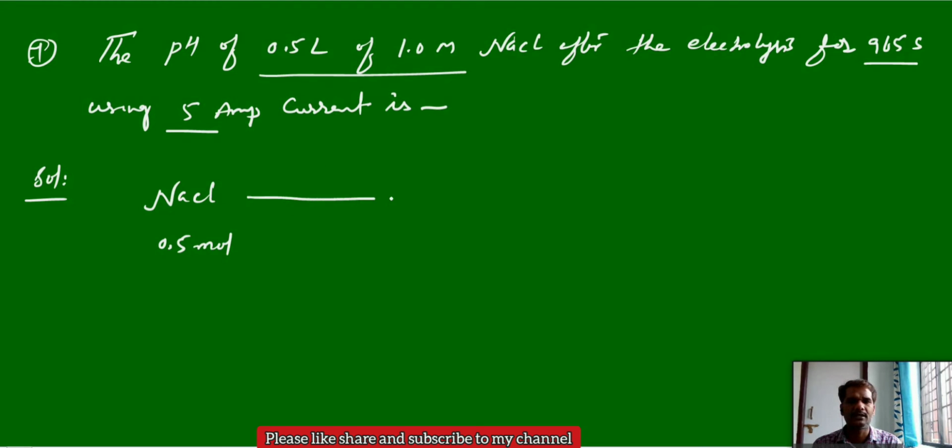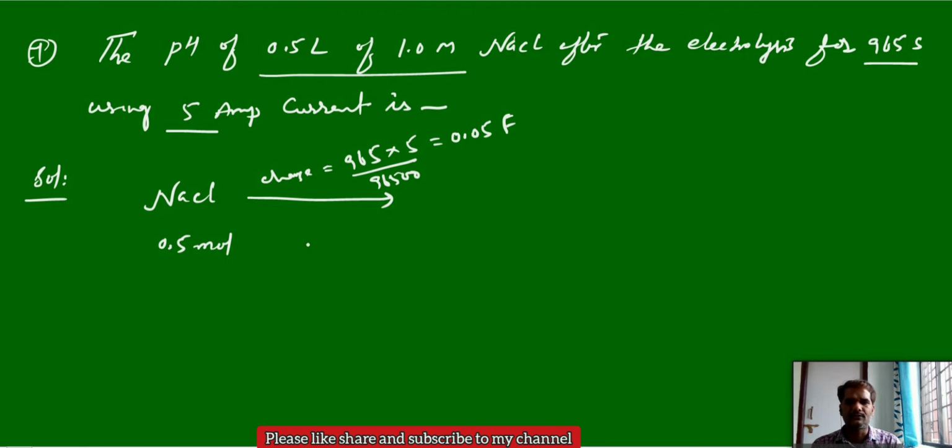Then what is the charge here? 965 into 5, means how many Faradays? This you divide by 96,500 and that gives 0.05 Faradays.